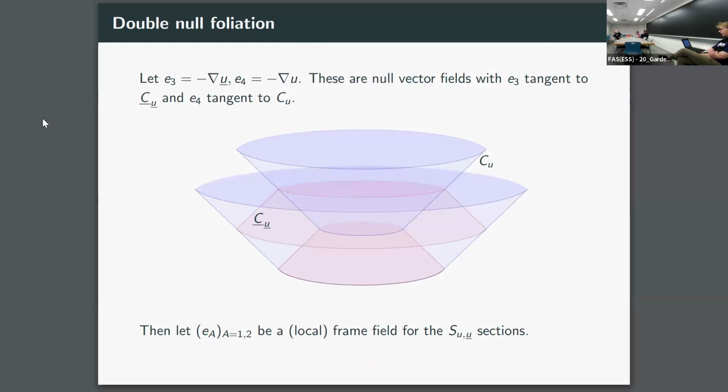So these are going to be null vector fields, and then I'm going to let EA, so E1 and E2, be kind of the remaining degrees of freedom, so tangent to the S_{u,ubar} sections. And just so a picture here. So I have my E4, these are kind of the outgoing vector fields. E3 is the incoming vector fields. And then, capital Latin indices will always be 1 or 2. So those are kind of the frame fields for the remaining S2s in the spacetime.